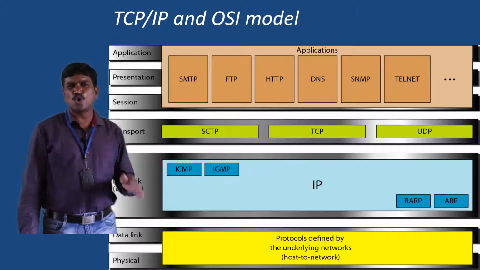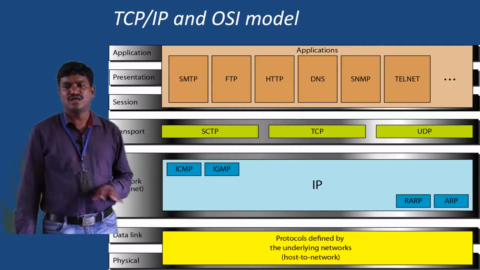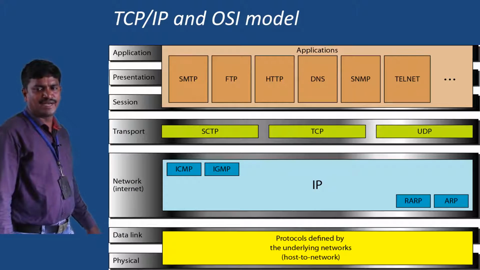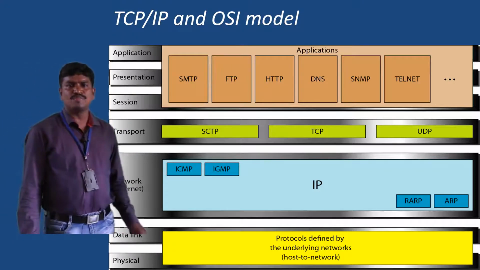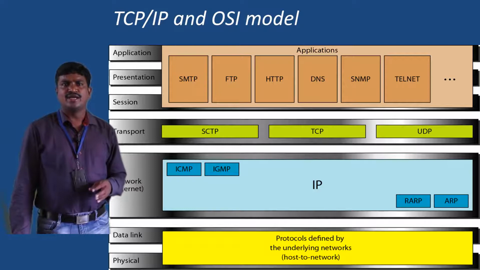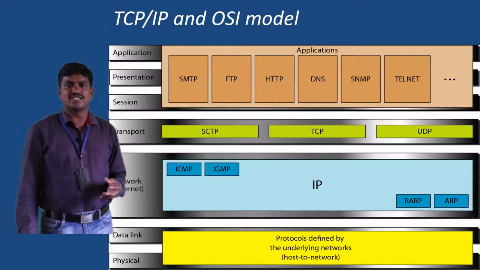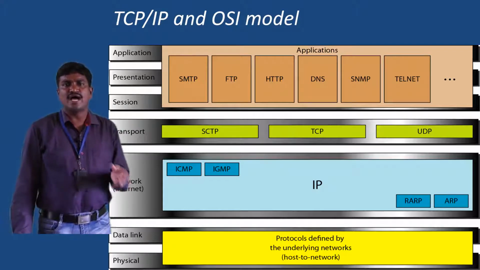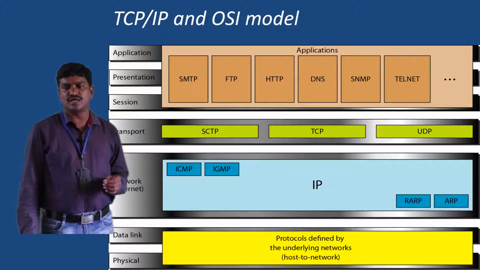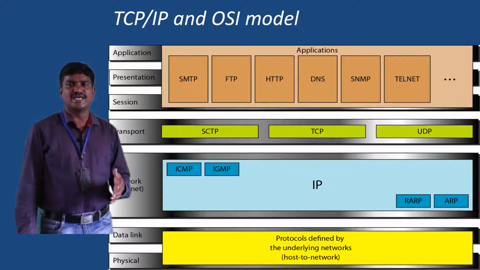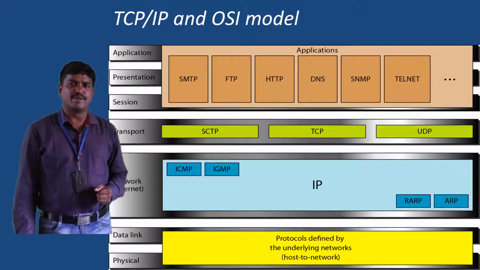Generally, these two are combinedly called the host to network layer, where it makes use of all the functionalities related to the data link layer and physical layer. So these are the functionality distributions in different layers of the TCP/IP model.